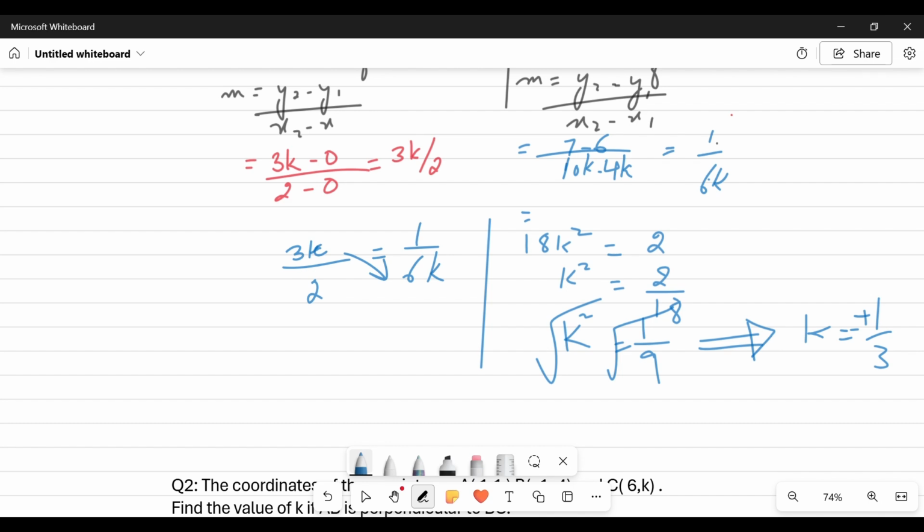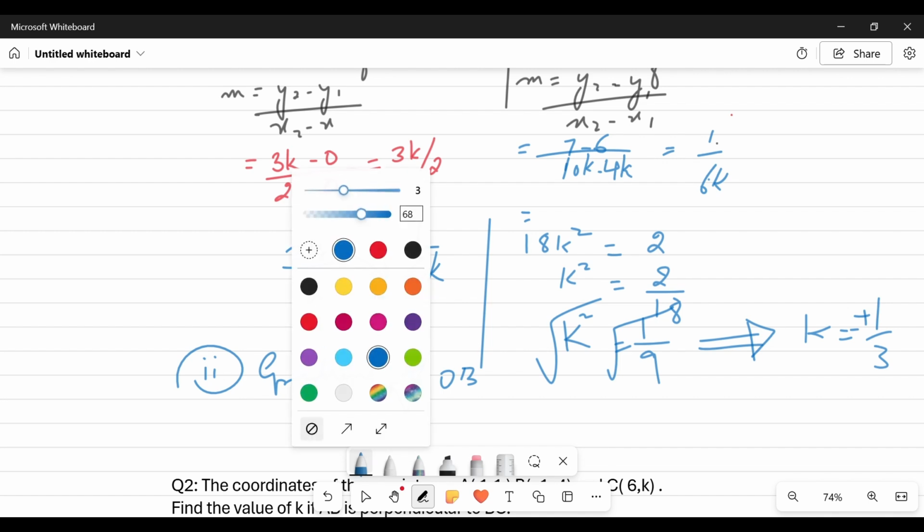The gradient of OA we have already found in the first part, which is 3k over 2, and the gradient of OB you need to find. The formula is the same.